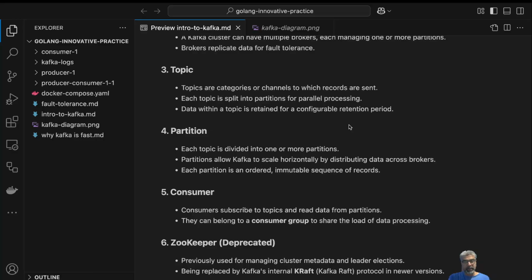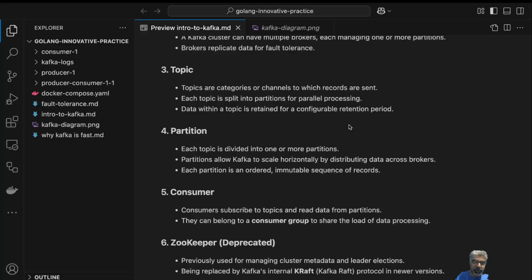The broker says, okay, you can send the data to me, you can take the data from me, but the broker has nothing to do with producer or consumer with respect to sending or receiving data. They just receive the data, and consumers can retrieve the data from the brokers.